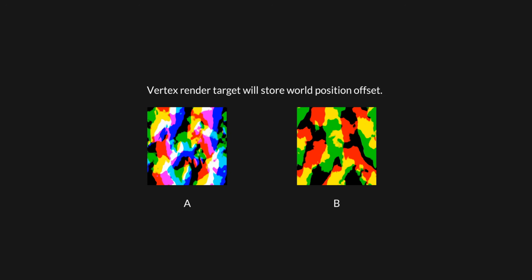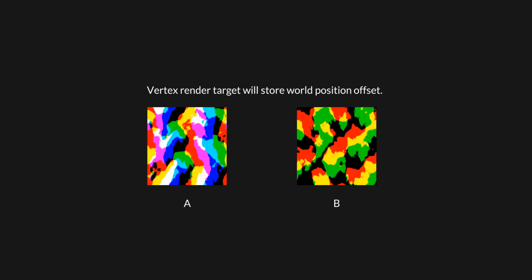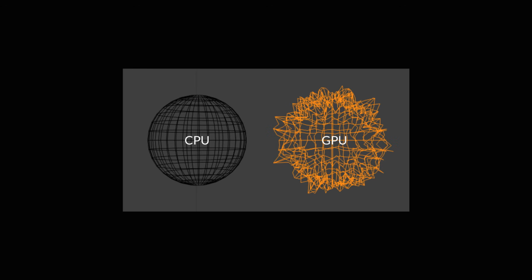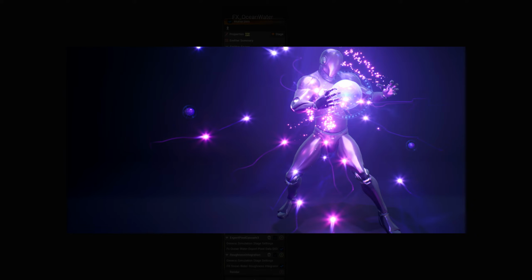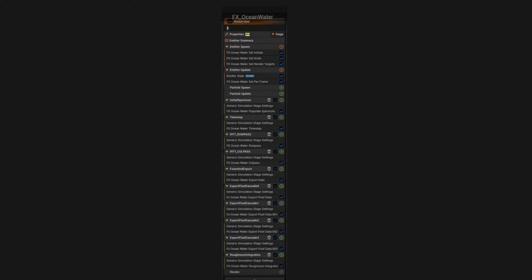To offset vertices in an ocean surface mesh, modifying vertex positions directly in the vertex shader is more efficient than modifying the mesh itself. We use the GPU compute capabilities of the Niagara system in Unreal Engine for simulating ocean water.